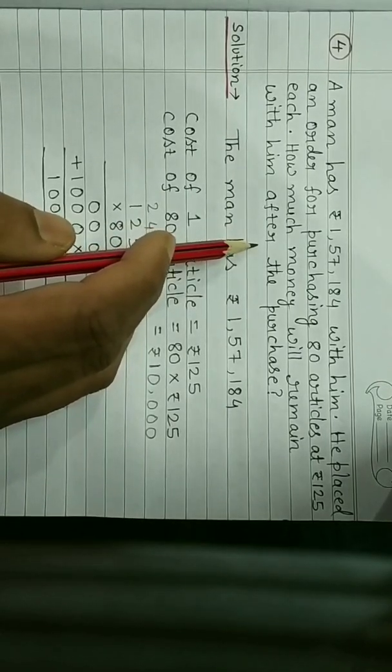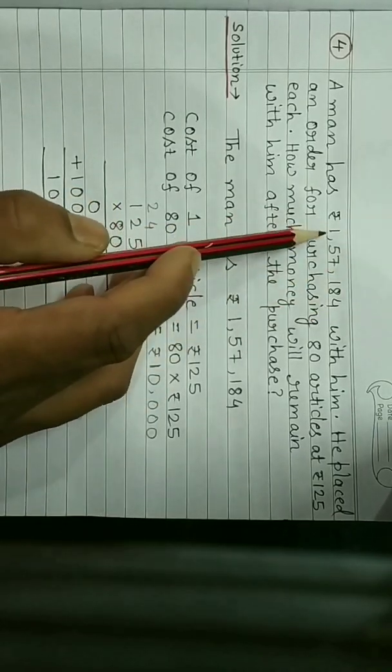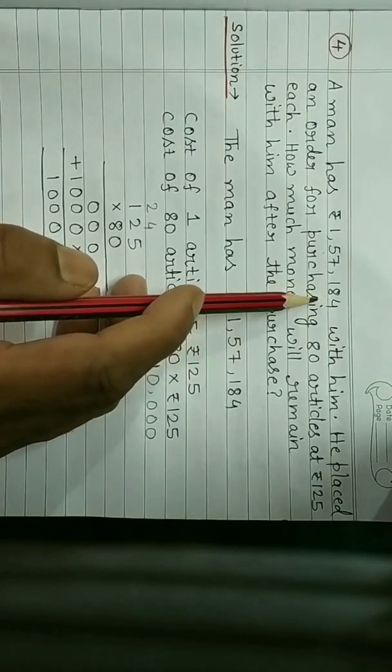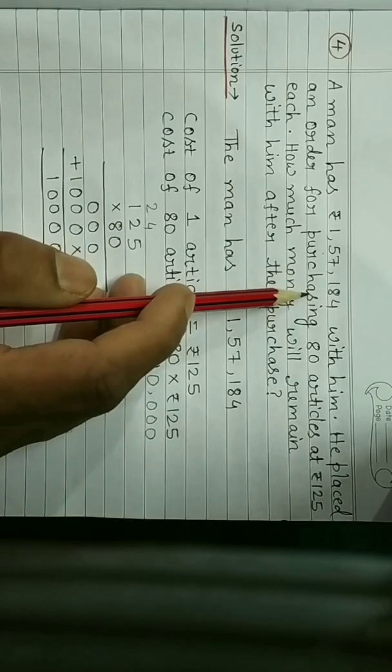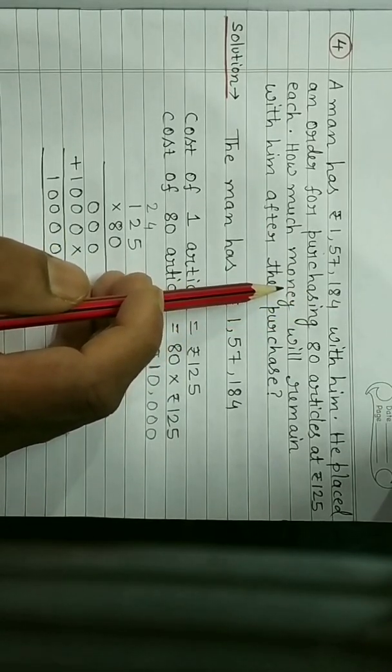Okay, so the question is, a man already has this amount of money, 1,57,184, and he is going to purchase some articles. Some articles means some things.